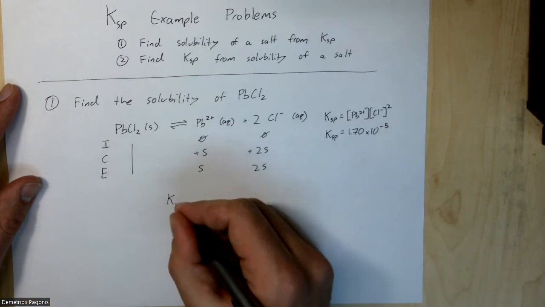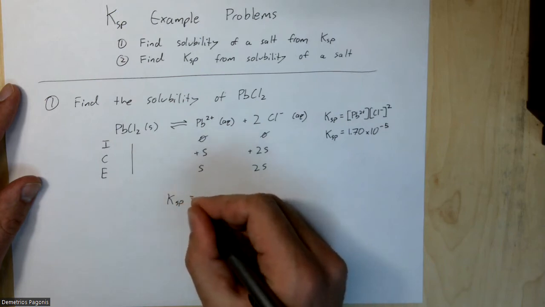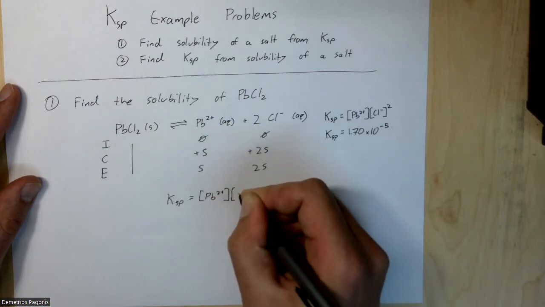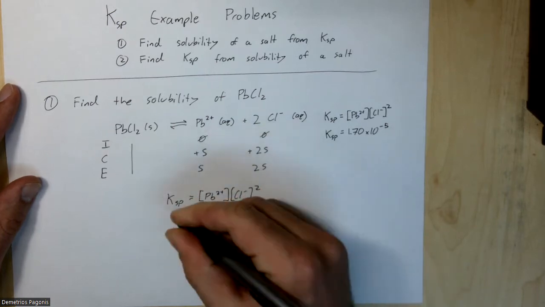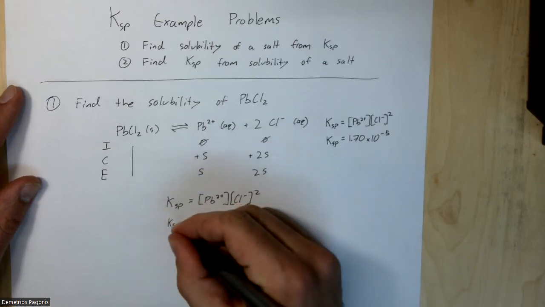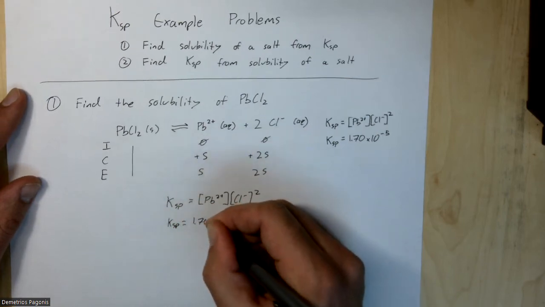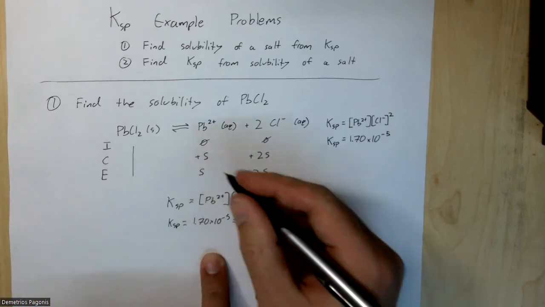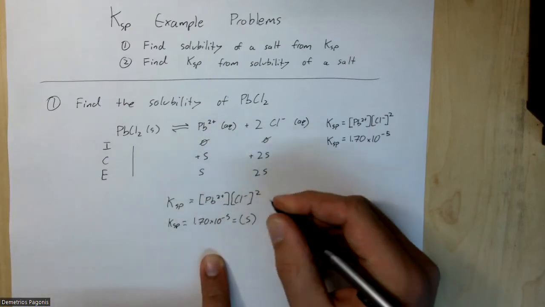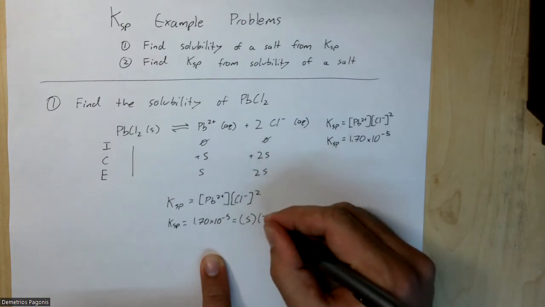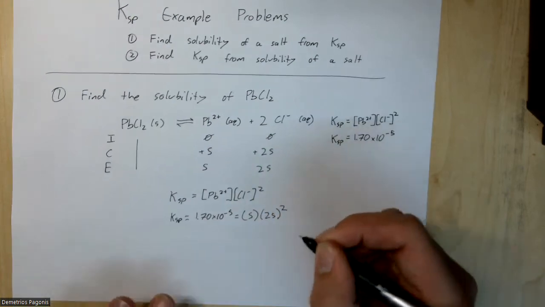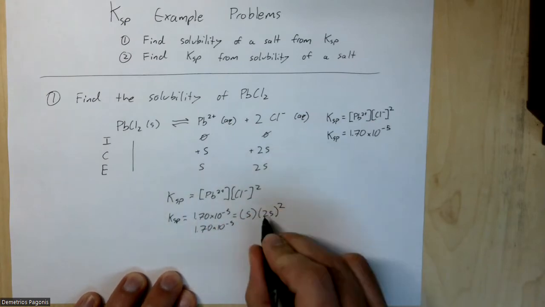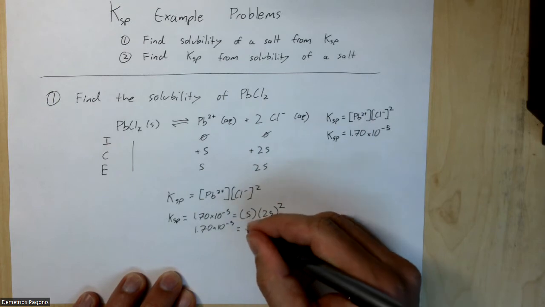So now we can go ahead and plug those values into our Ksp equation. We get that Ksp is 1.70 times 10 to the minus 5. Pb2+ is S. Chloride is 2S. And as you rearrange this, make sure you take care to account for the fact that this 2 is also being squared.